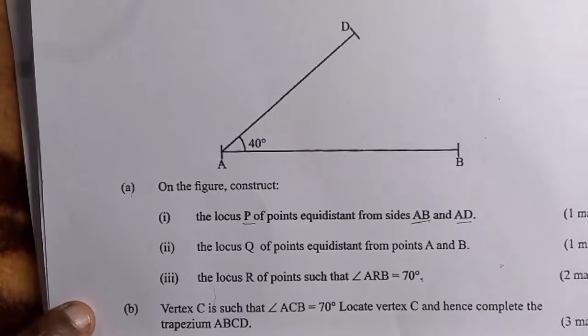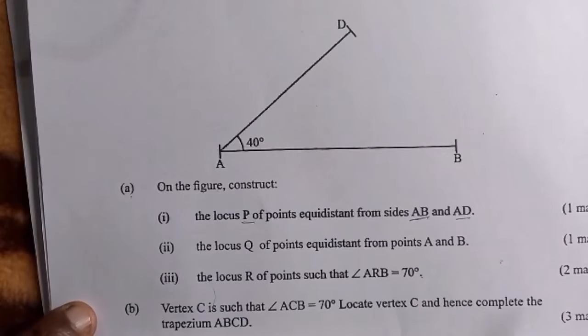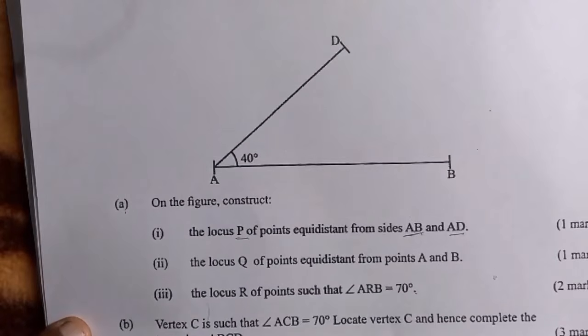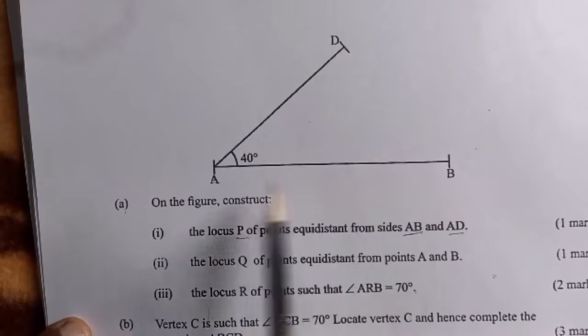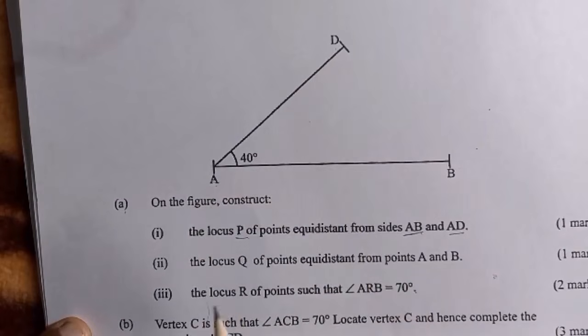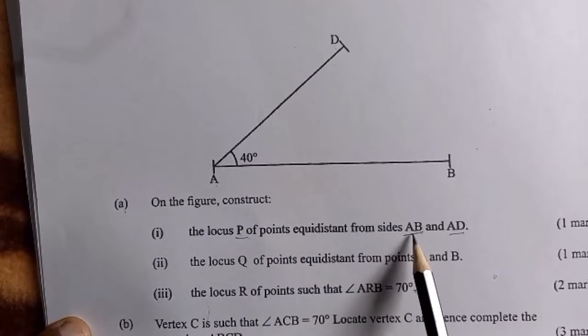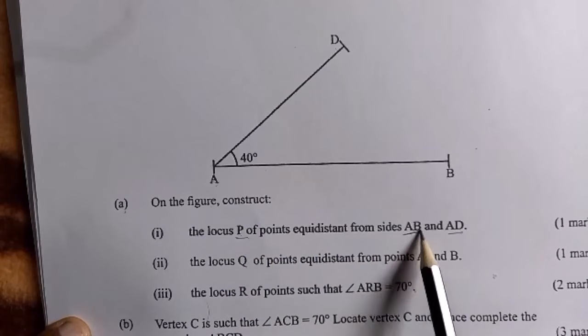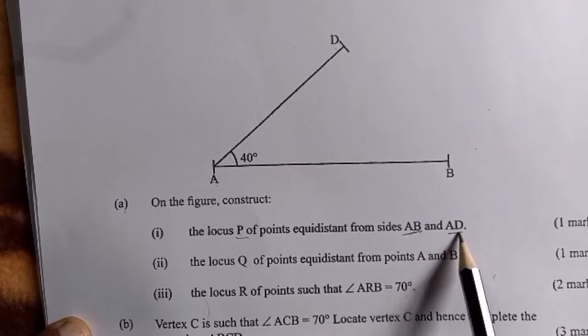That is a locus that is equidistant from two given sides, the sides AB and AD, and that is what we call the angle bisector locus. So to get locus P, we simply bisect the angle between sides AB and AD.